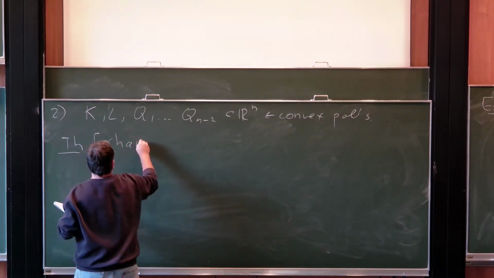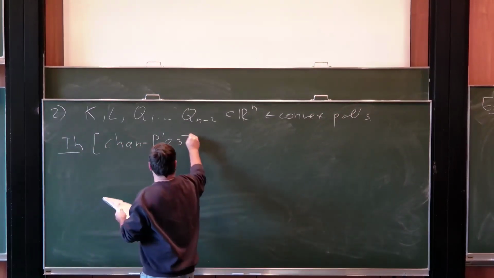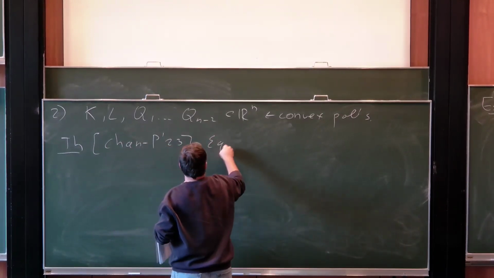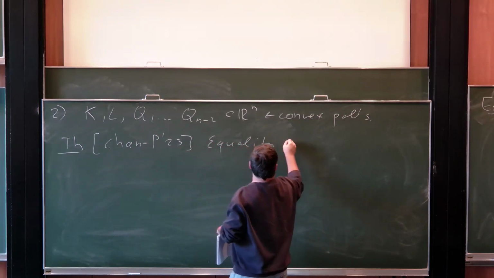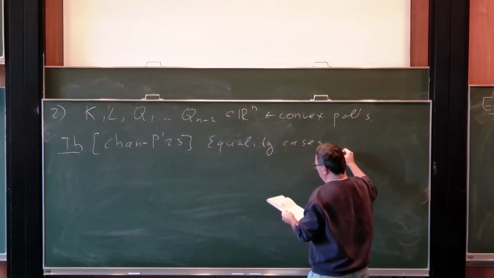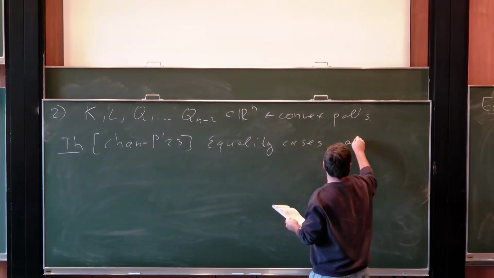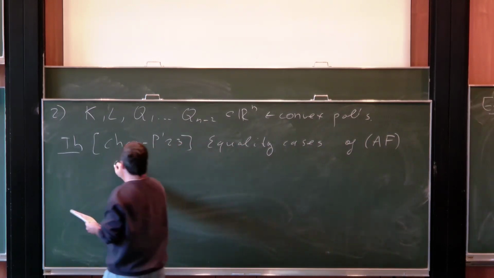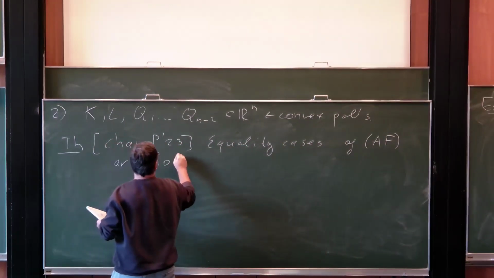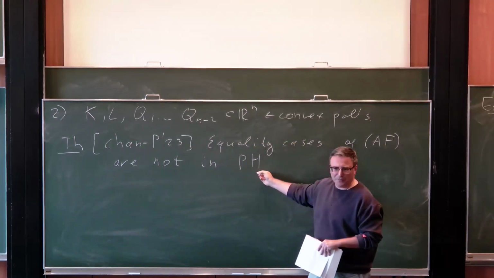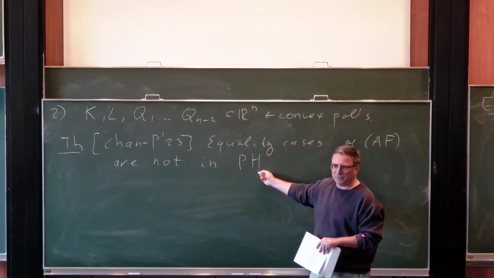This is a theorem by Zwiefenkrantz and myself, where we're saying that equality cases of the Alexandrov-Fenchel inequality are not in the polynomial hierarchy. I'm going to explain what I mean by all of this.